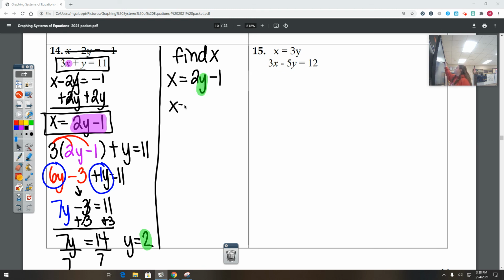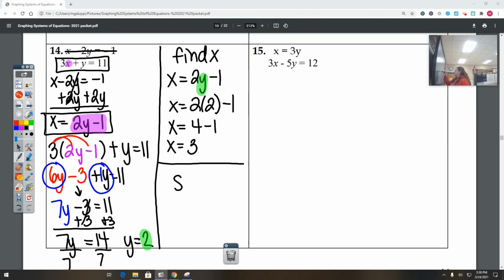So I get x is equal to 2 times our y value, which is 2, minus 1. 2 times 2 is 4, minus 1. So I get x is 3. That means my solution is the point (3, 2). Notice I wrote the x first and then the y.